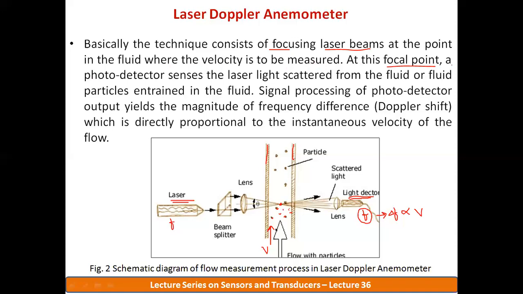At this focal point, a photo detector or a light detector senses the laser light scattered from the fluid particles. So why is the light getting scattered? Because the fluid particles are moving with some velocity.